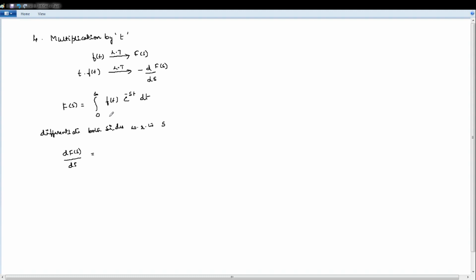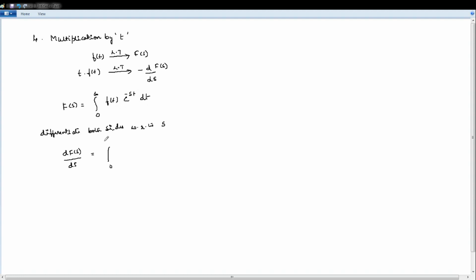This is the doubt most students have, including me when I was a student. When you differentiate with respect to s, it only looks at the s terms, not the t terms, so the t terms become constant.